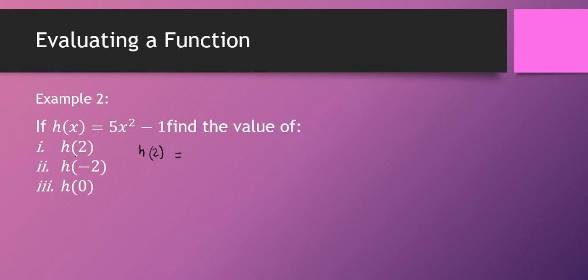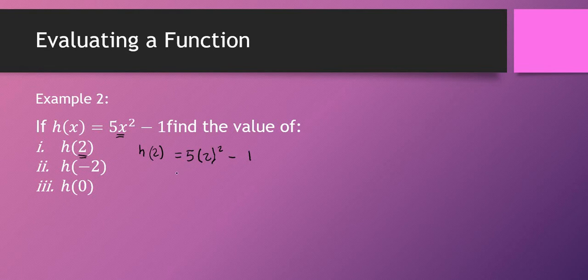Now, note here, x is equal to 2. This is what this implies. So where you see x in the function, you're going to replace it with 2. So it's going to be 5, open bracket. Instead of putting back x, we're going to put 2. And remember to put back your square, minus 1.